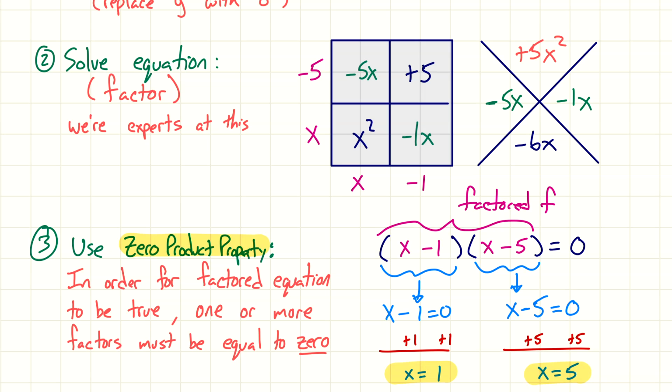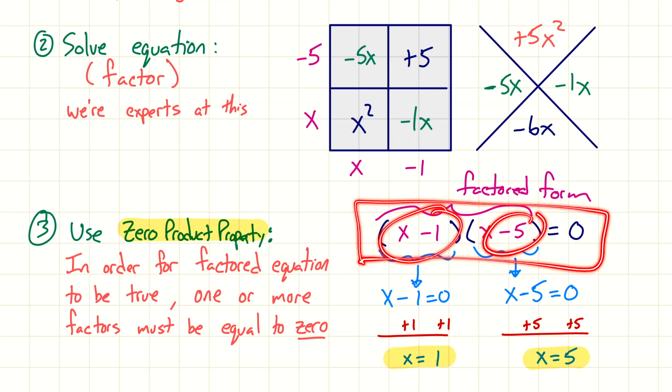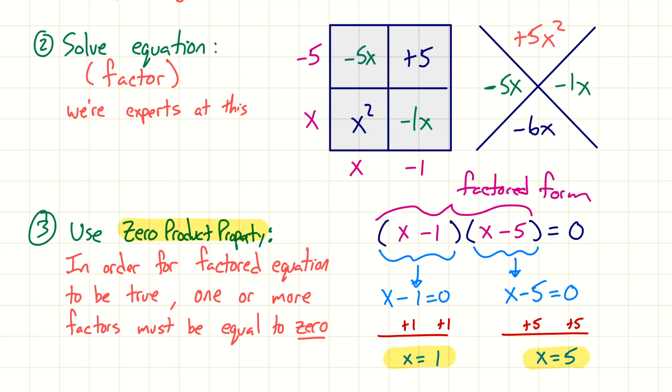So we're going to take our factored form of this equation. You'll notice it still has the equals 0 on it. You don't want to get rid of that. This is still an equation. But we're going to use this property. This property says, in order for this equation to be true, something times something equals 0, one of these has to be equal to 0.